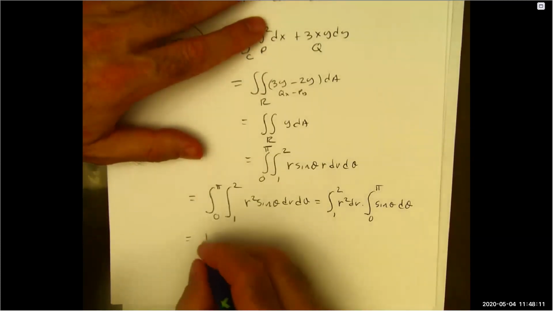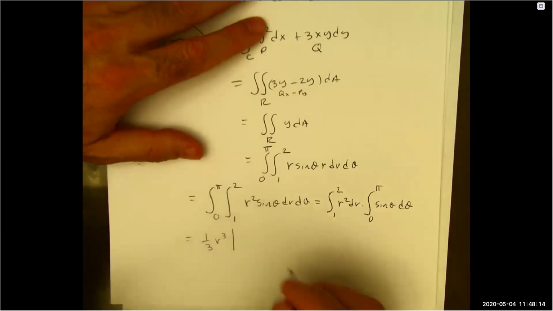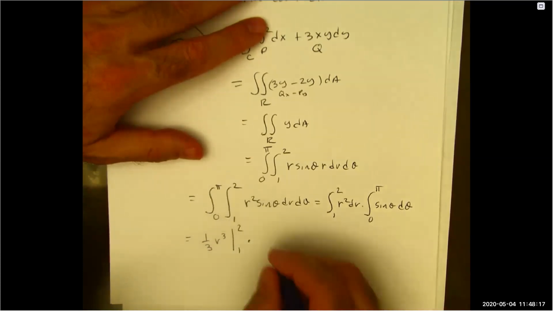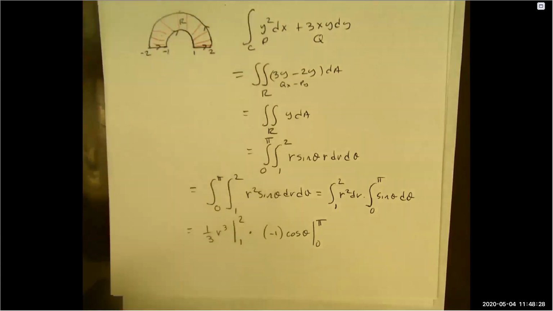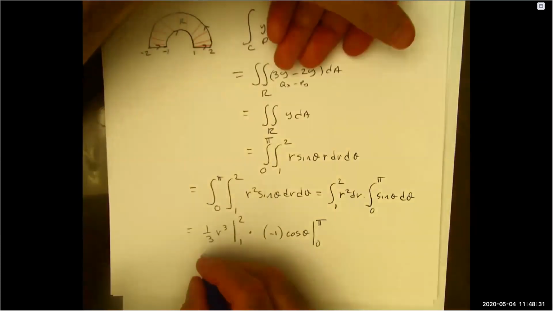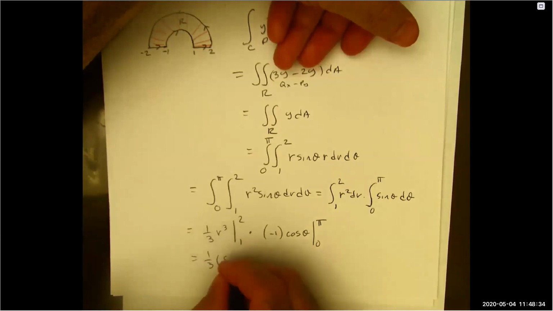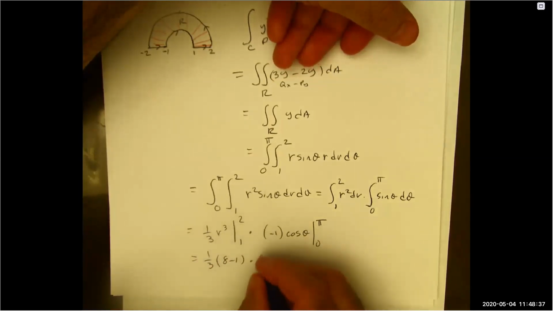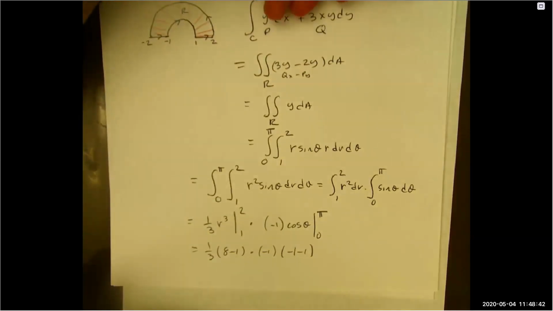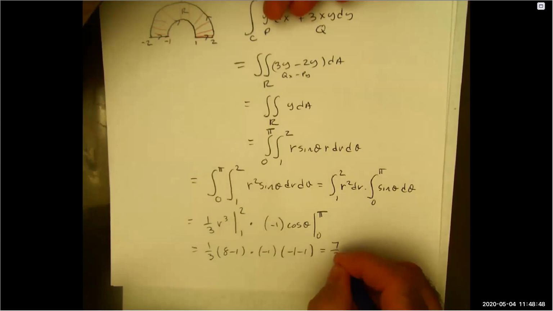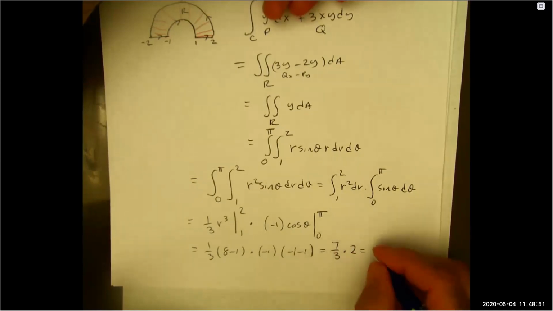We have 1/3 r cubed from 1 to 2, multiplied by -1 times cosine theta from 0 to pi. So we have 1/3 of 8 minus 1, times -1 times (-1 minus 1). This gives 7/3 times 2, and so we get 14/3.